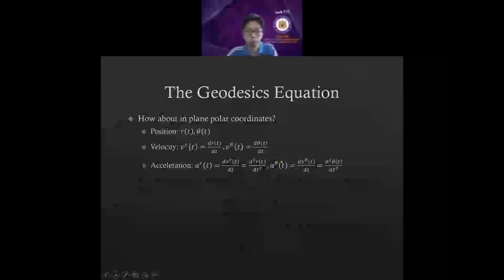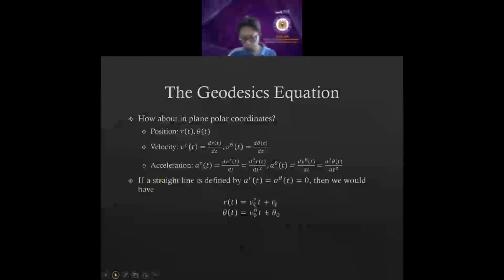If straight lines are given by vanishing acceleration in this way, then we are led to this solution.